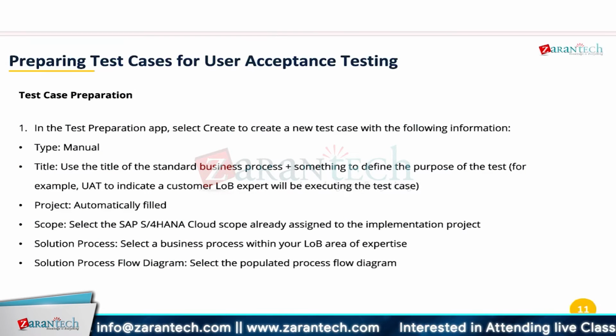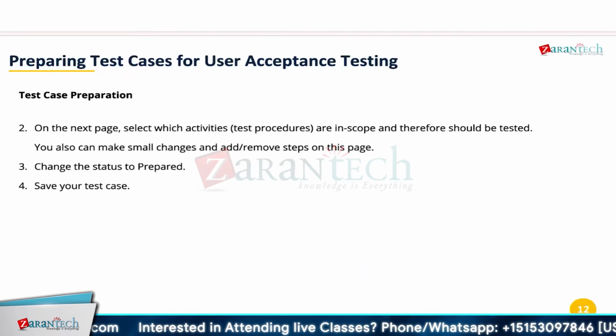Solution process flow diagram: select the populated process flow diagram. So we were able to select the flow diagram. It won't show the diagram, but it will give you the title of the business process. And on the next page, select which activities the test procedures are in scope for and therefore should be tested.